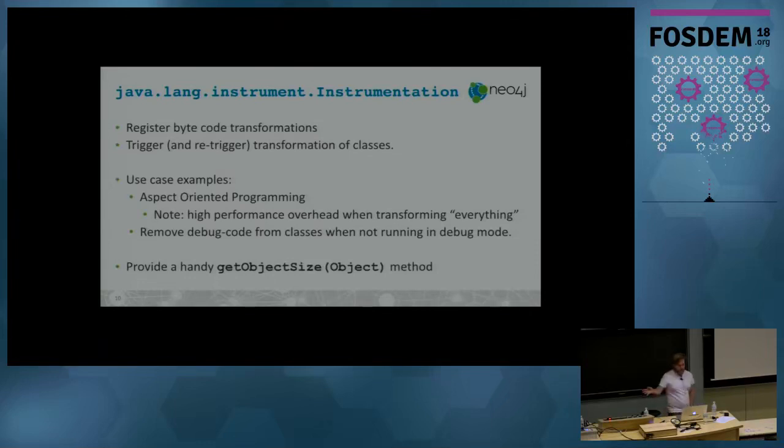I prefer to do my transformation ahead of time, and one reason is that it makes code loading much slower. But it also provides a handy method for getting object size. Give it an object, and it will tell you how big it is. It's a size operator, which is otherwise missing in Java.